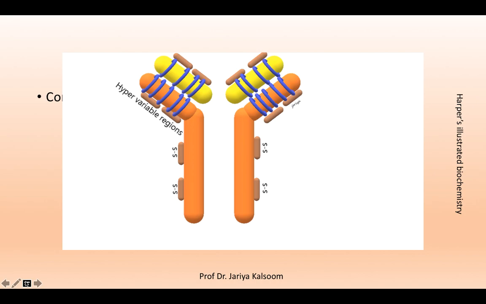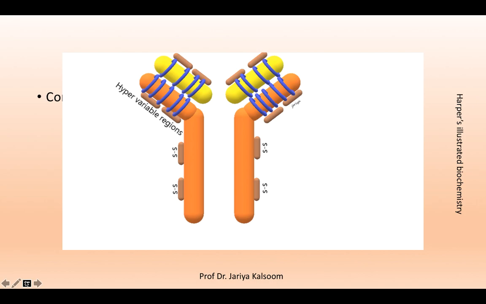The variable regions of the immunoglobulin light and heavy chains form antigen binding sites, leading to specificity of antibodies for antigens. These are heterogeneous to the extent that no two variable regions from different humans share identical amino acid sequences. The variable regions of the L and H chains contain few or around 5 to 10 residue islands called hypervariable regions.